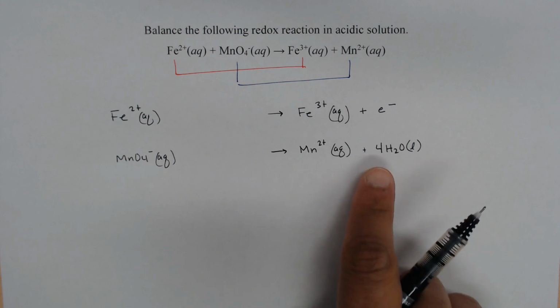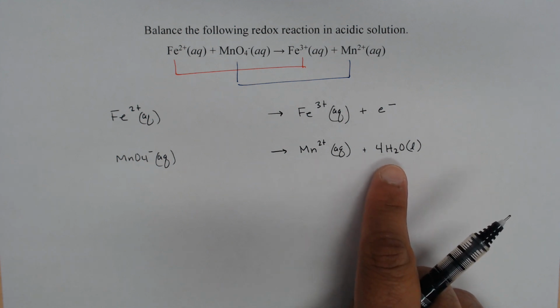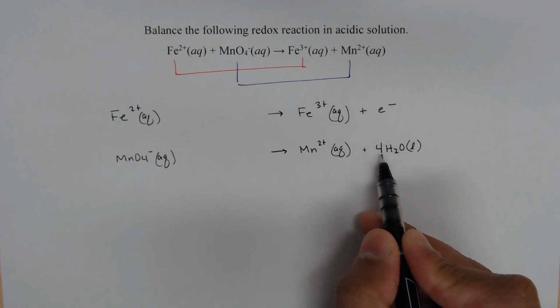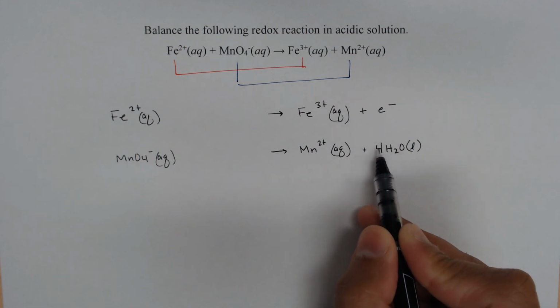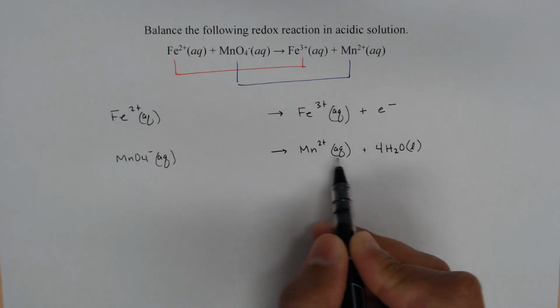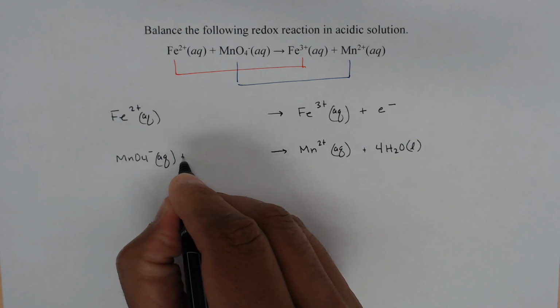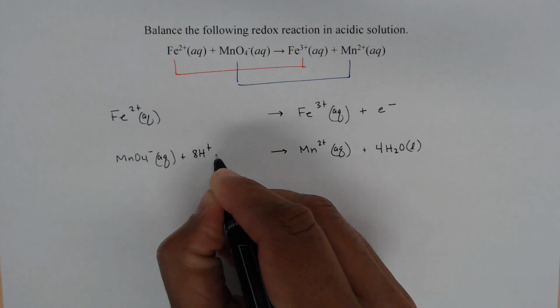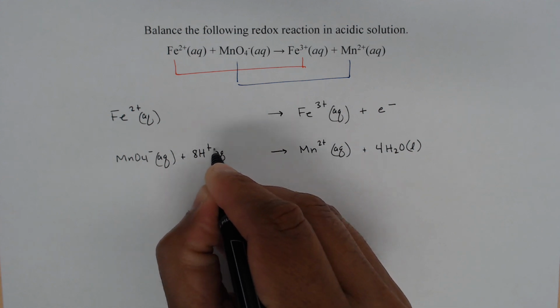By adding water, we've also added hydrogen. So now we need to balance hydrogen using H+. So 4 times 2 is 8. So on the reactant side, we'll add 8 H+ aqueous.